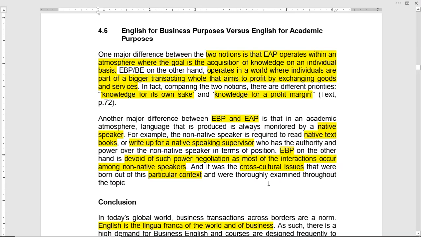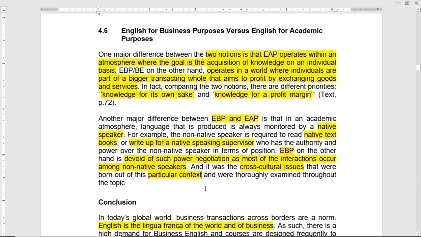But in a business context, it is devoid of such power negotiation as most of the interactions occur among non-native speakers. So it was the cross-cultural issues that were born out of this particular context that should be taken into consideration.